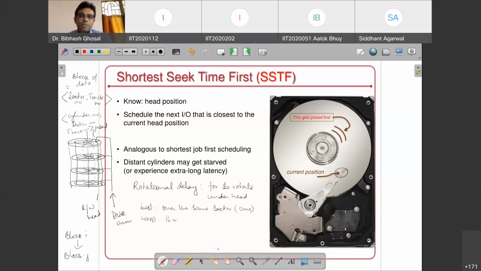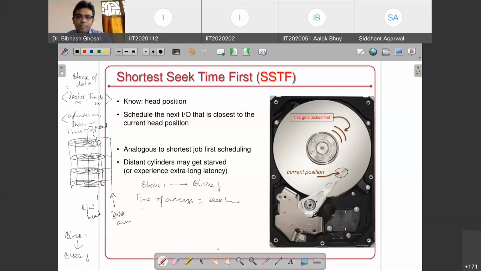Worst case is you have a whole rotation. So this is 16 milliseconds. So considering these two, if I am moving from block number I to the next block I have to fetch, block number J of my hard disk, then the total time of my access, let me call it time of access, will be given by my seek time and my rotational latency.